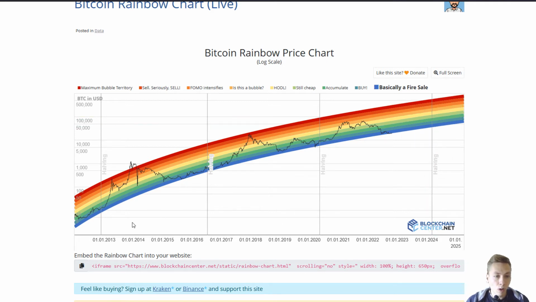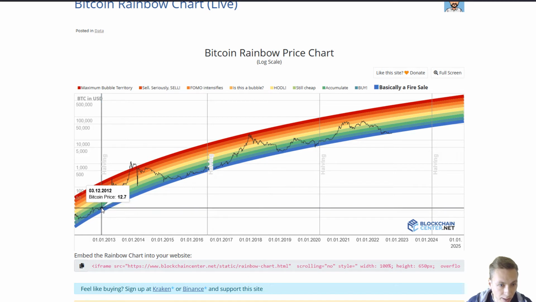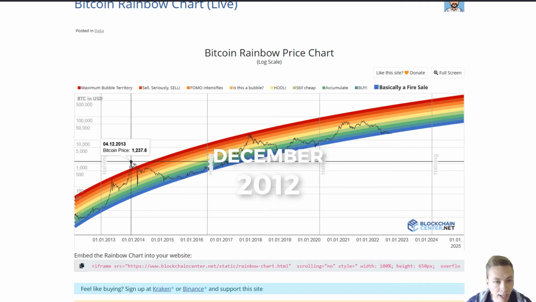And from what we can see so far, it is basically the same story after each halving. The halving was at the end of 2012, in December 2012, and then we had a bull run top in December 2013, so exactly 1 year after.